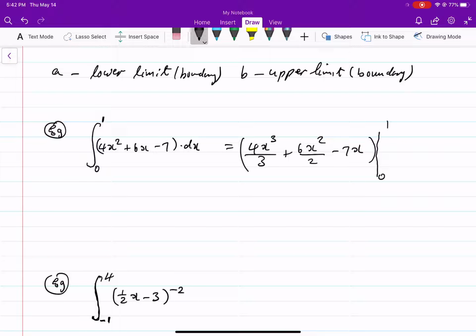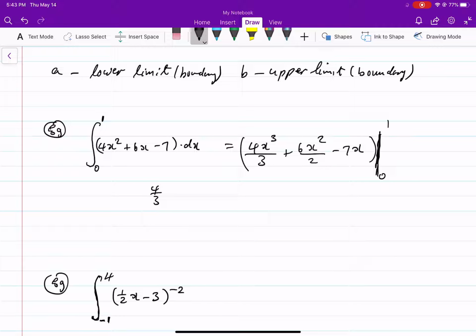This vertical stroke means evaluate that function between 0 and 1. You plug in the upper limit first. So this would be 4 thirds times 1 cubed plus 6 upon 2, that is 3 times 1 squared, minus 7 times 1, and then minus what you get when you plug in the lower limit.